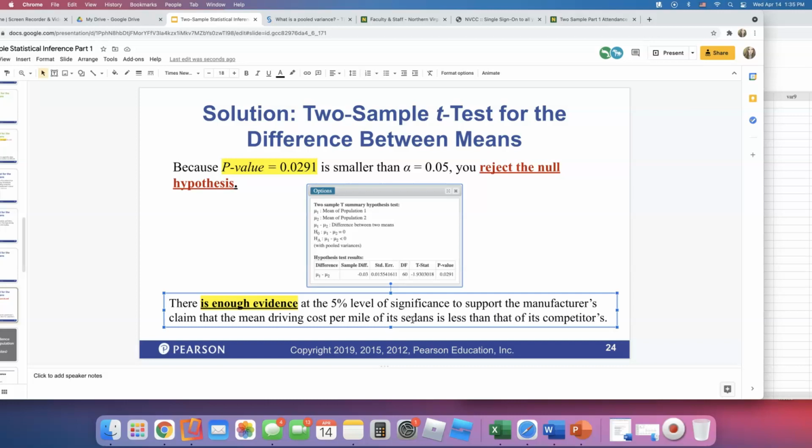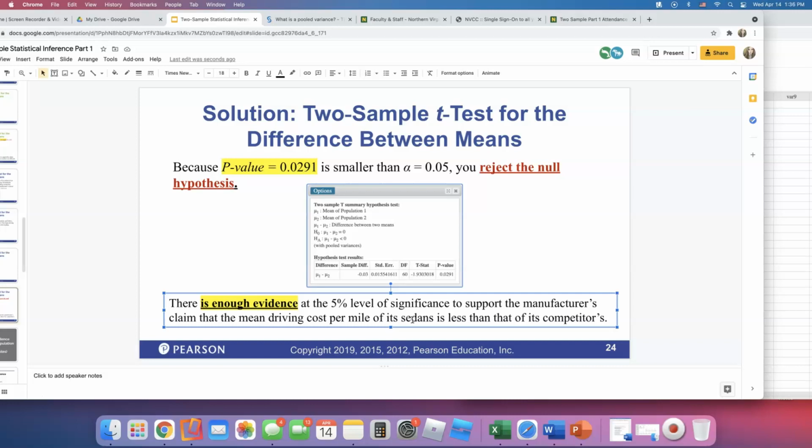So at the 5% level, we have enough evidence to support the manufacturer's claim that the mean driving cost per mile of its sedan is less than that of its competitors. That is great news for this company, right? I'm glad they went with 5%, because if they went with 1%, I would have had to say I failed to reject.